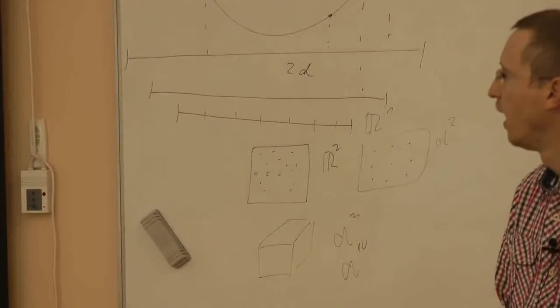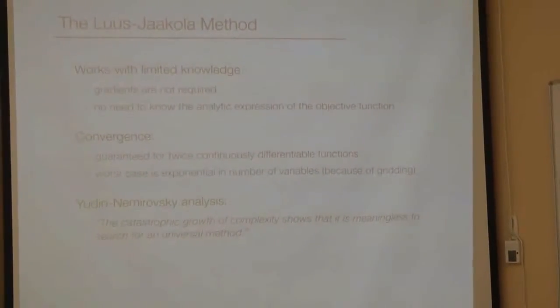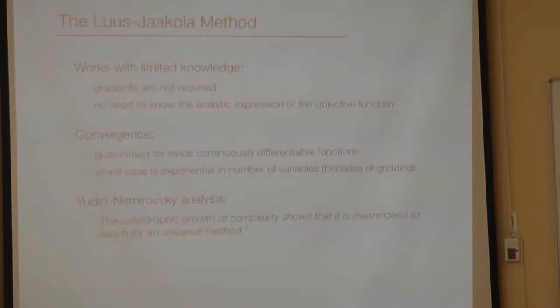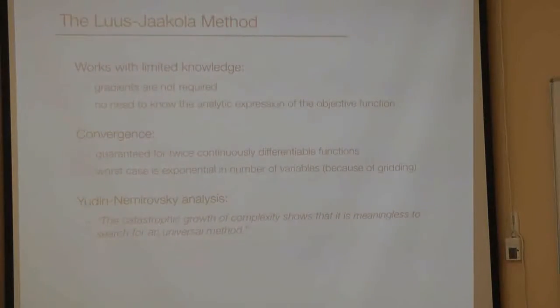And there is also a nice consequence of this complexity analysis, which was conducted by Yudin and Nemirovsky. What it basically says is there is no universal method to solve all problems.